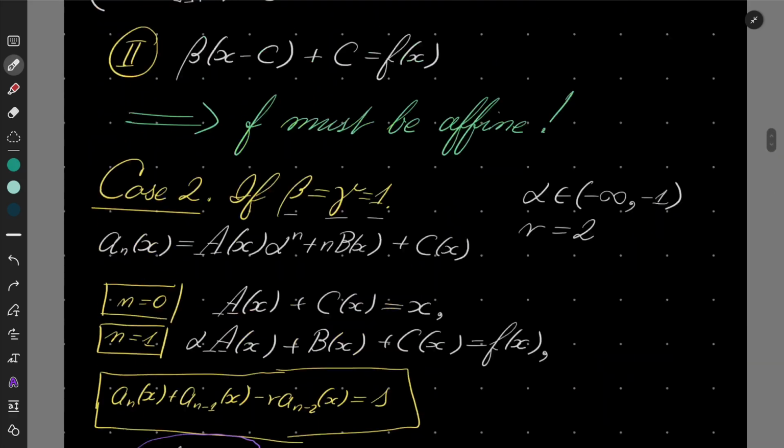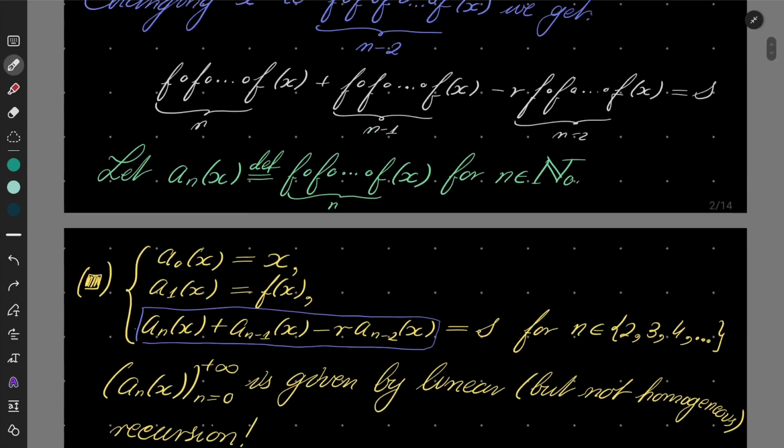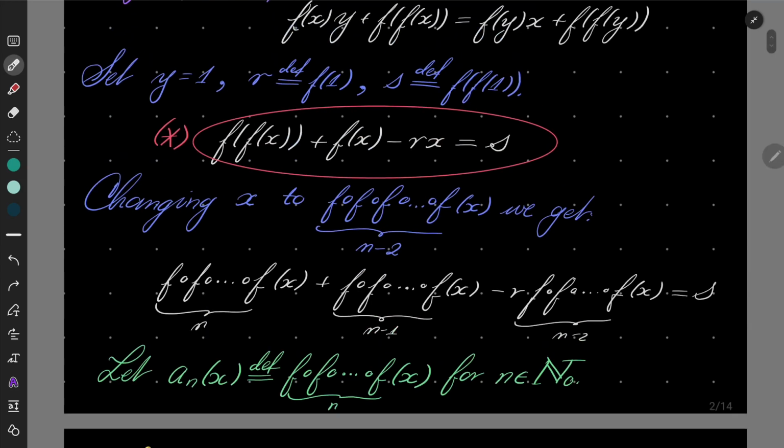Well, I wish that you remember, first of all, checking injectivity, using injectivity, and then if you get some type of recursion, when you can compute the next composition of the function in terms of previous compositions and other constants, it's sometimes a good idea to consider a sequence of these compositions, as I have done here.